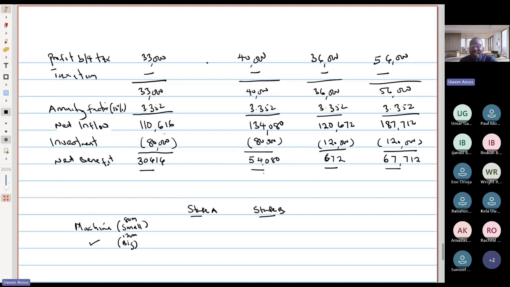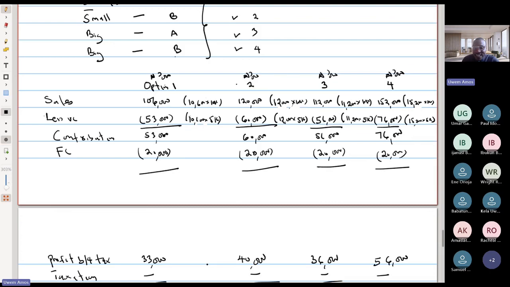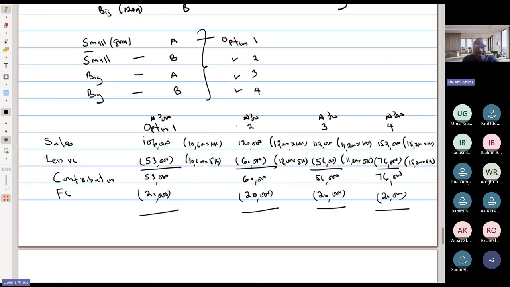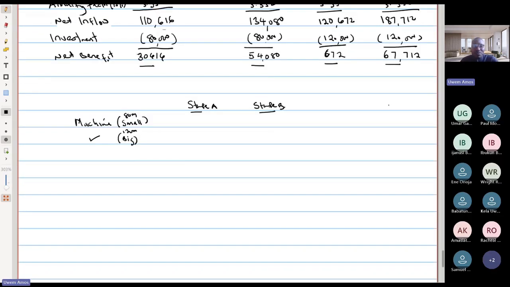So machine A, the small machine in state A, is what we call option 1. Our option 2 is the small machine in state B. This is the big machine in state A, and this is the big machine in state B. So let's pick what the figures are and then look at which of them makes the most sense.